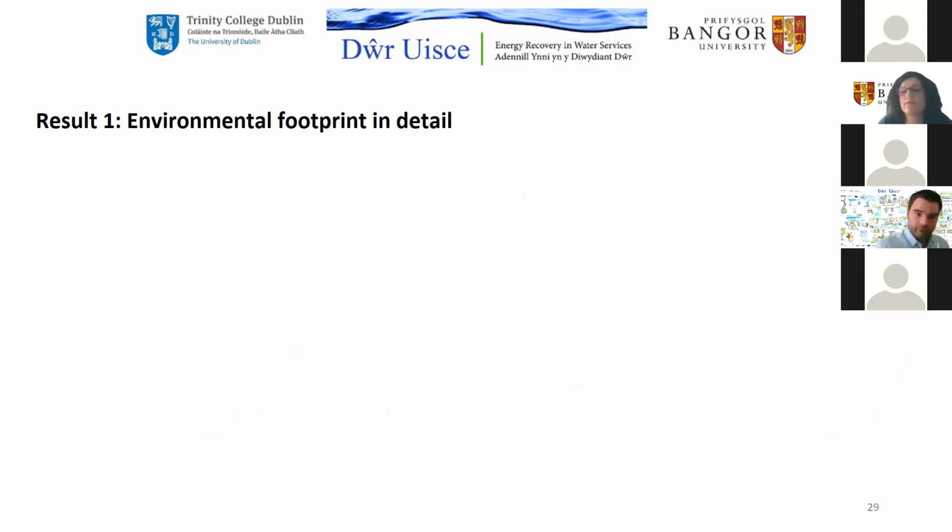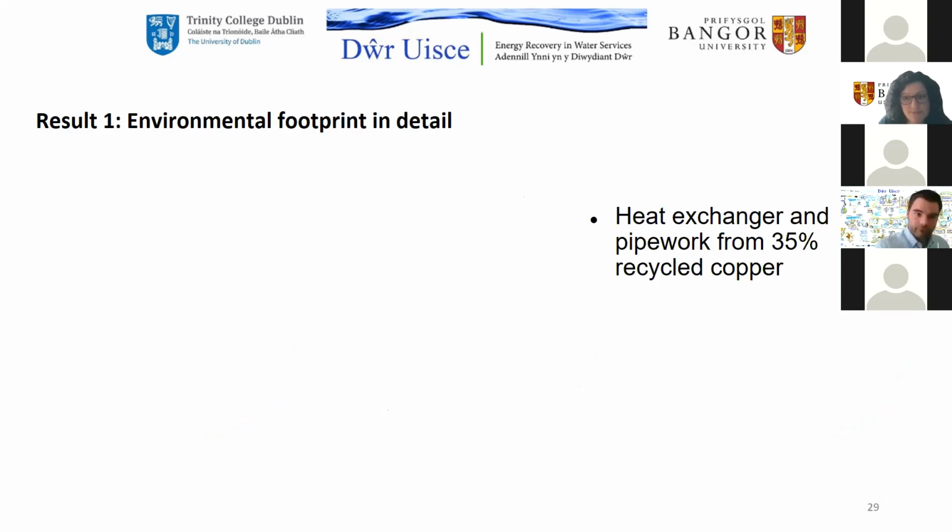So where do the emissions come from and what are the hotspots for the footprint of the heat recovery system. The example I'm showing you is a heat exchanger from copper and also pipework from copper, both with a recycling rate of 35%, which is the average recycling input rate for plumbing appliances from copper in Europe.